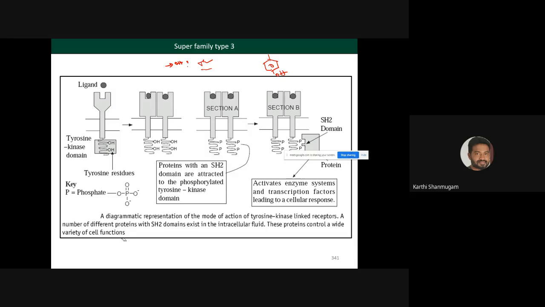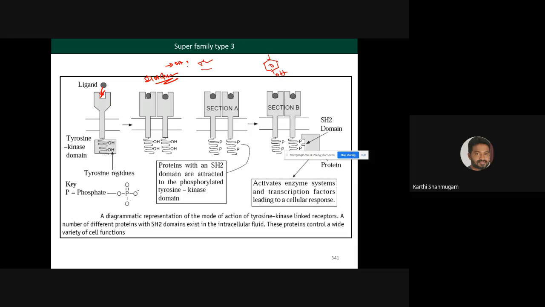What happens? The binding of the ligand to the ligand binding domain in the extracellular region leads to dimerization. This is a very important examination point. This is the first case in which the binding of the ligand induces dimerization of the protein. Again, the ligand molecule binds to the binding pocket of the receptor, which leads to dimerization.